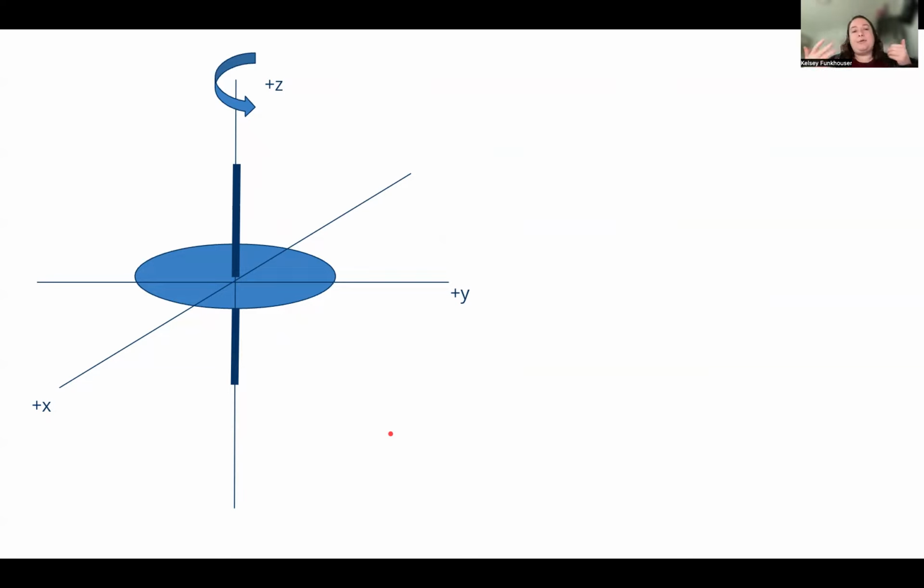They are vectors that point in the same direction. So anyway, curling our fingers counterclockwise, thumb points up. Make sure you're using your right hand. So that's our angular momentum vector pointing straight up along the z-axis.